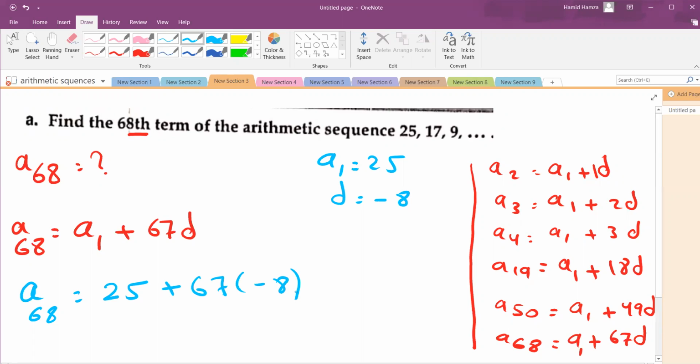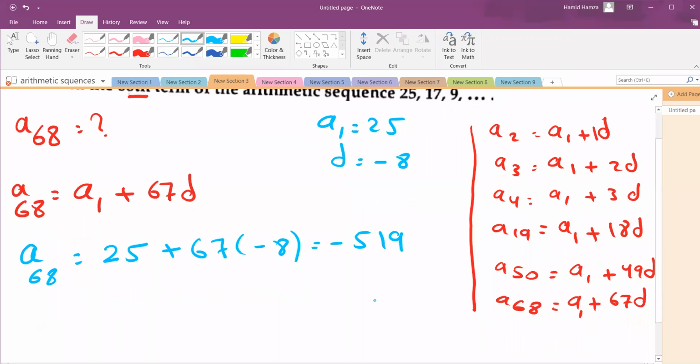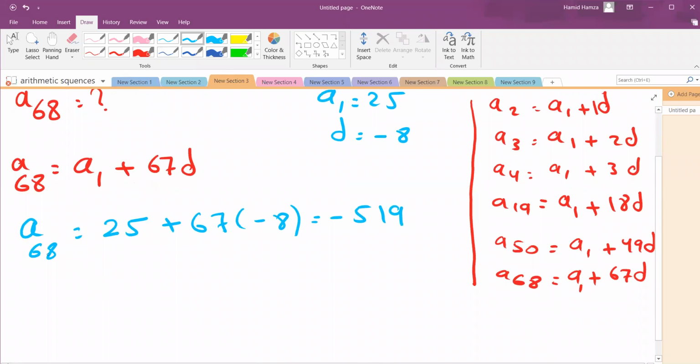Anyone have the calculator? Negative 519. So that's it, this is A68. We find it directly by writing the shortcut for the terms, like this.